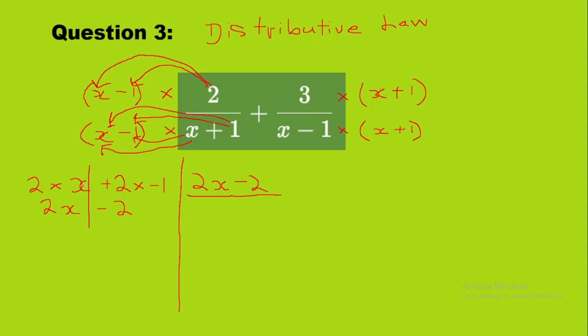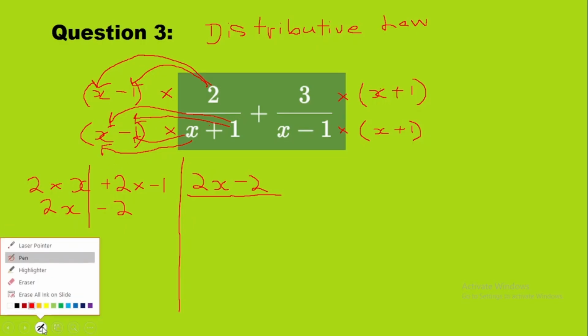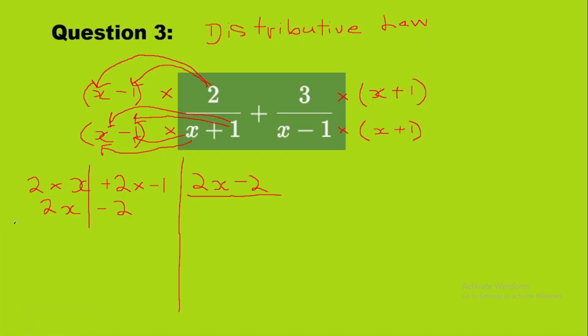Okay, so let's do it. Let's distribute the x to each term first. Let me color code it, so remember the 1 will multiply each term differently.